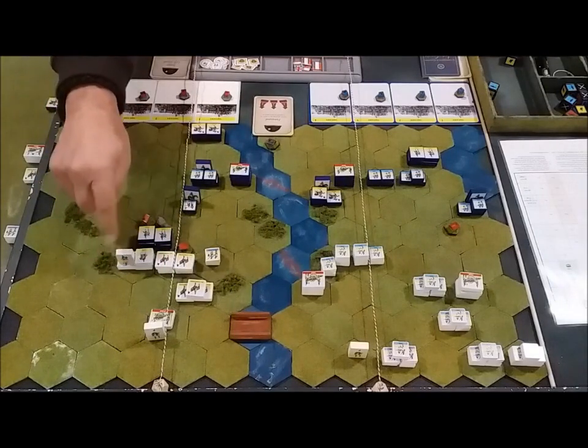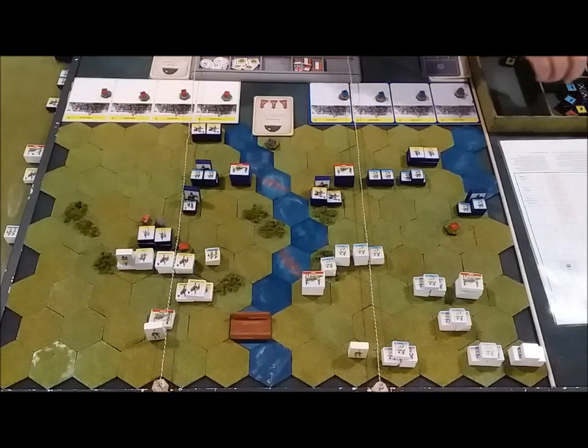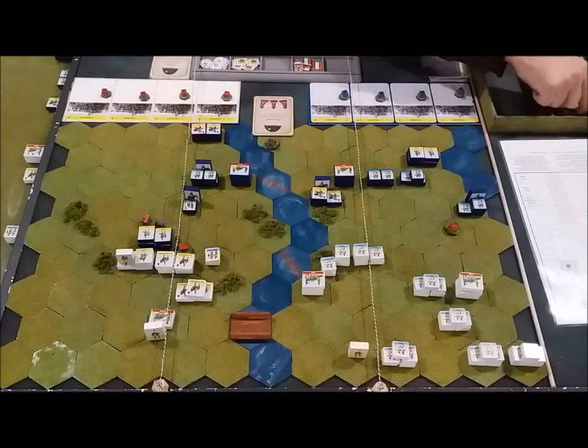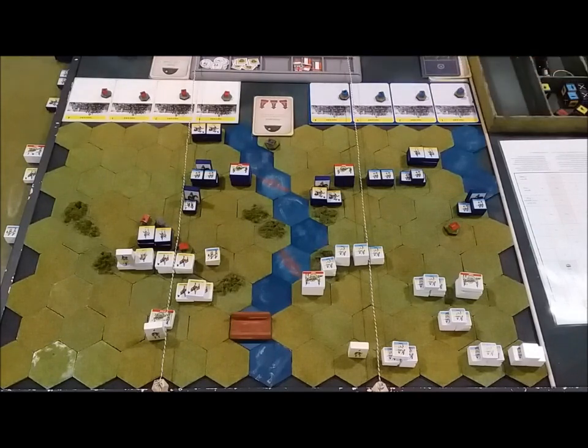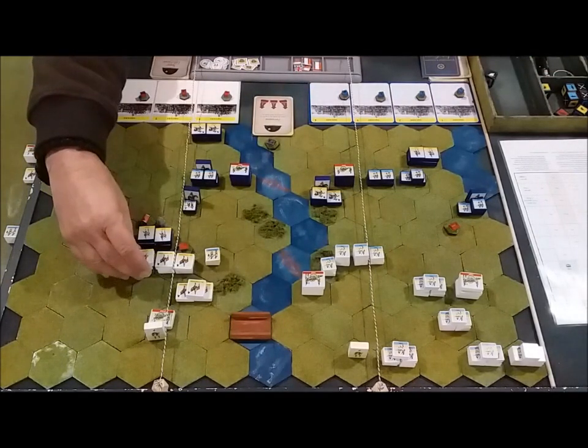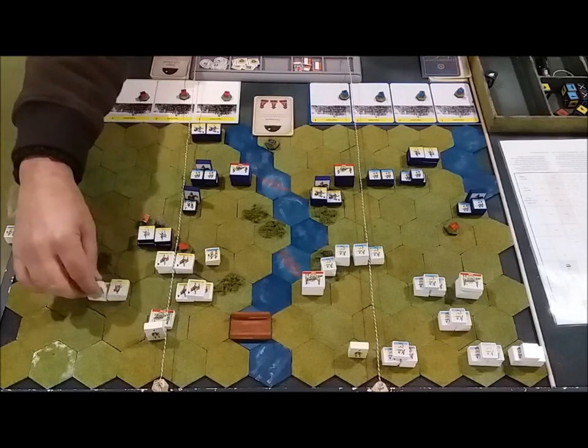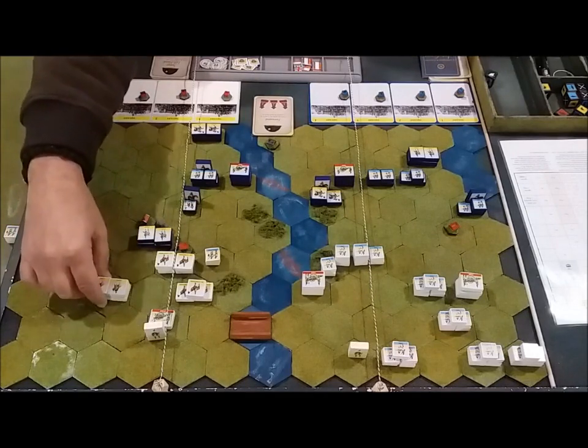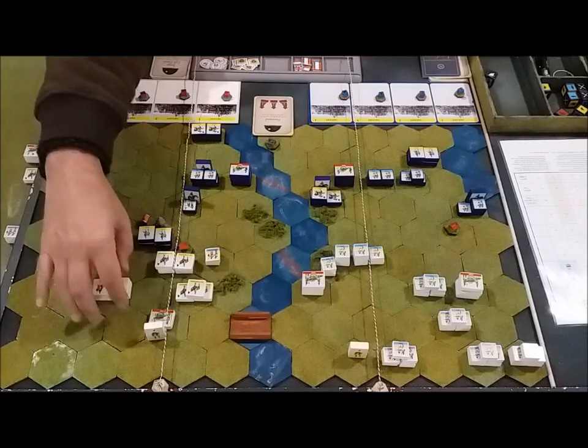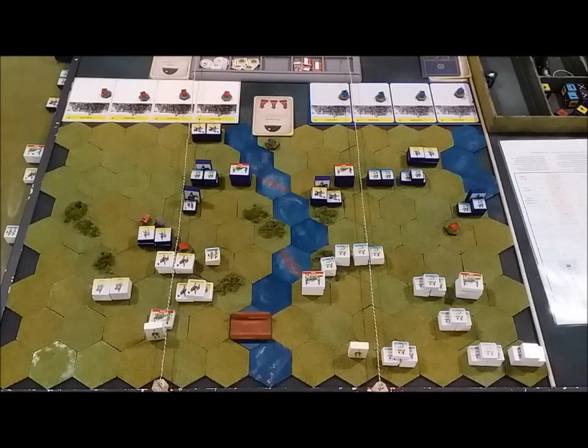And then we have the light infantry into the town here, and that's 1 per, so -3, so they get 1 die. And they miss, and the other light infantry comes back with 1 die and makes us retreat. So we go back 1 to here. There we go. Okay.